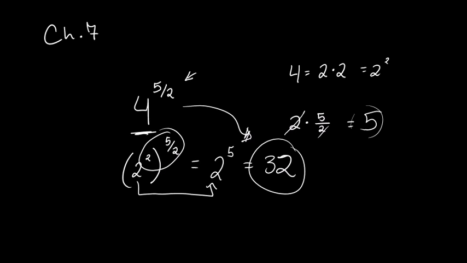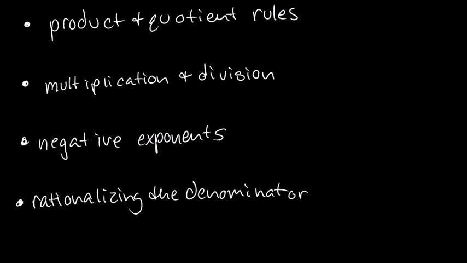In 7.2, we learned some more properties that are going to allow us to handle these exponents a little bit better. The first 2 rules that we learned were the product and quotient rule. So that means if I have a base or an index number, let's say it's the cube root, of a number, let's say 27.